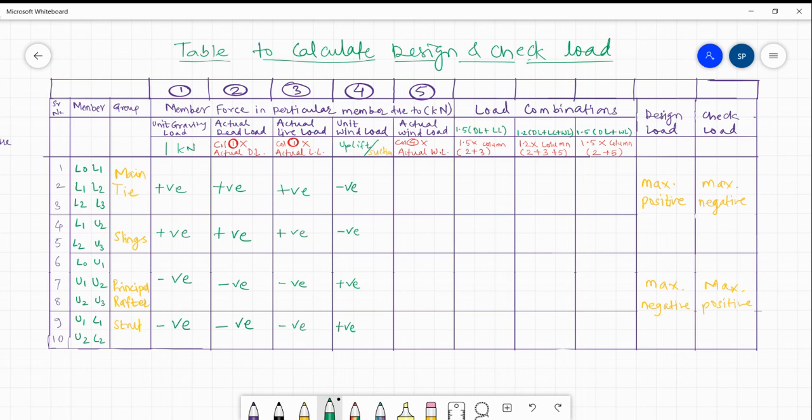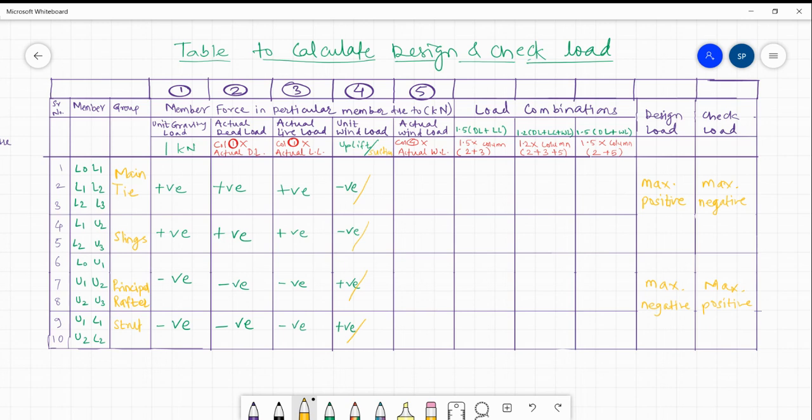Whereas if your truss is subjected to suction pressure, means the wind load is acting towards the roof truss, or in the calculation of panel point wind load where you are using CPE minus CPI, if that net CPE minus CPI value appears to be positive, that indicates the truss is subjected to suction pressure.